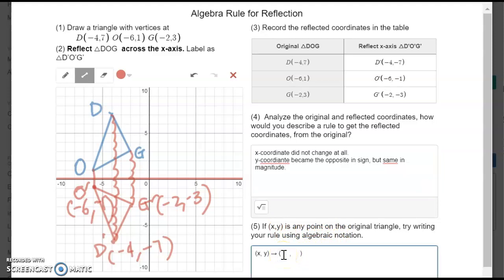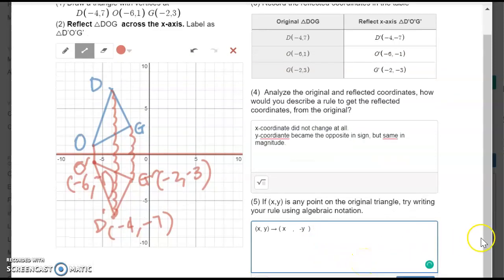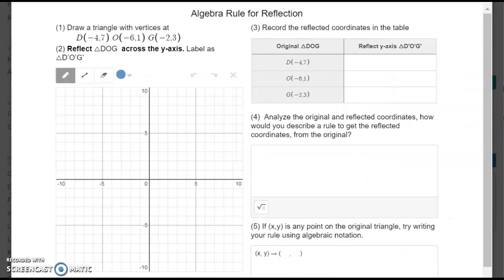This will be: x did not change at all, so it stays the same as x, but the y part became -y. Okay, so it gained the negative sign, or you multiply by a negative number. Okay, so then you move on to the next slide, and this time we are reflecting over the y-axis.